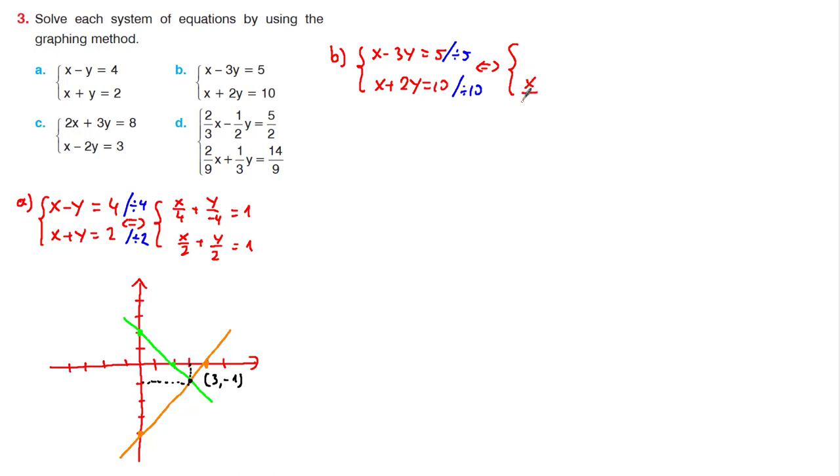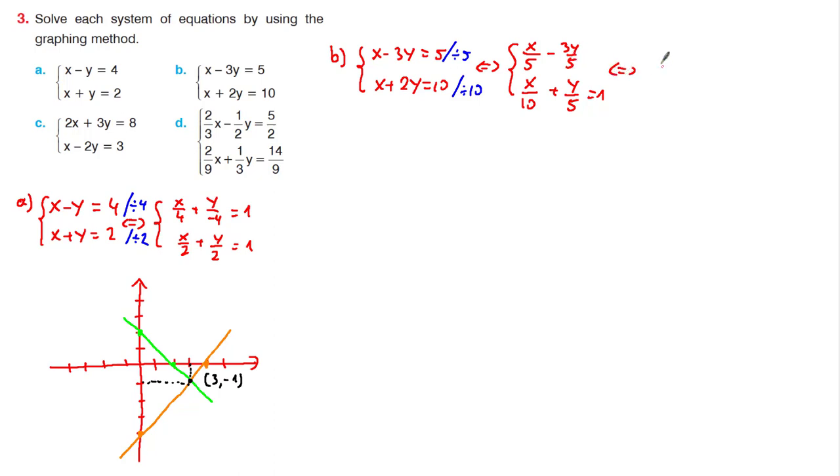So it will be x over 10 plus y over 5. It's 1. The second equation, the equation of the second line here, it doesn't have any fractions here. But the first equation does have a fraction. We get x over 5 minus 3y over 5.